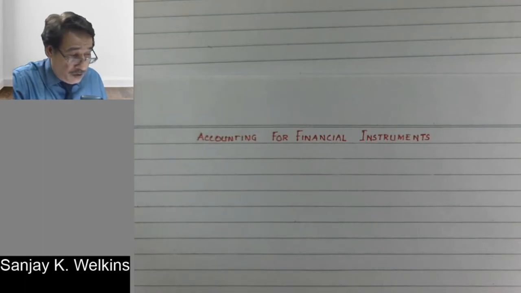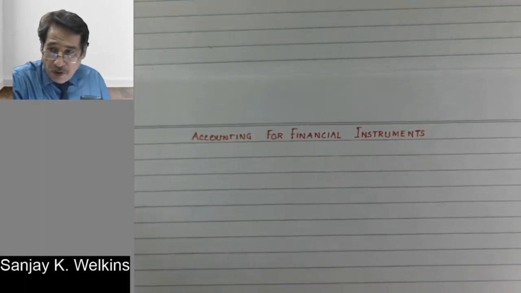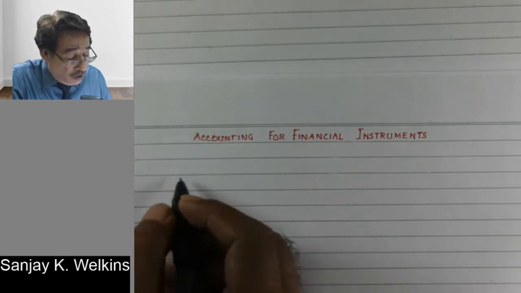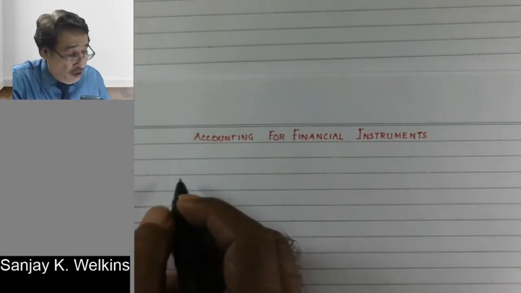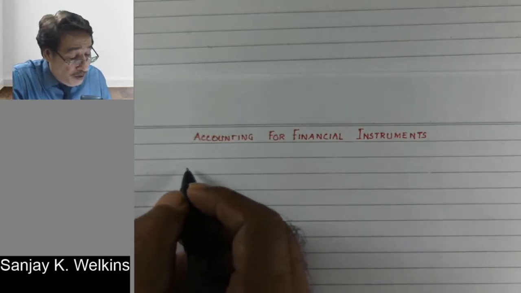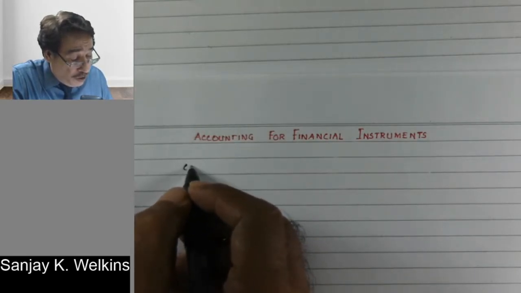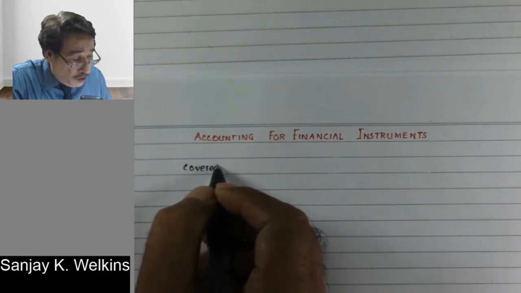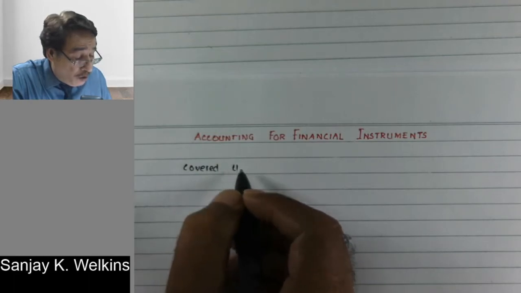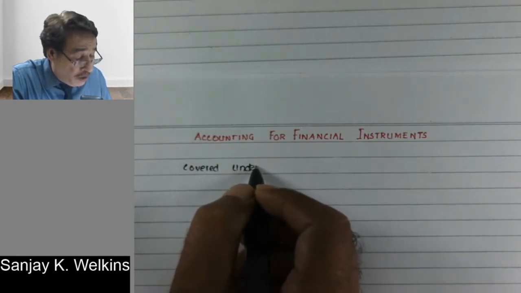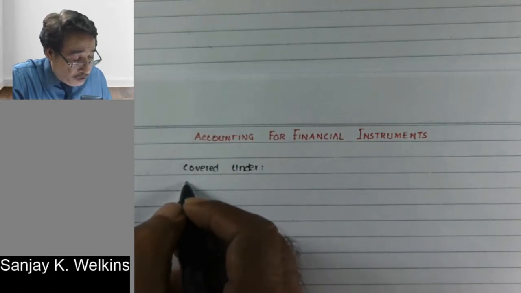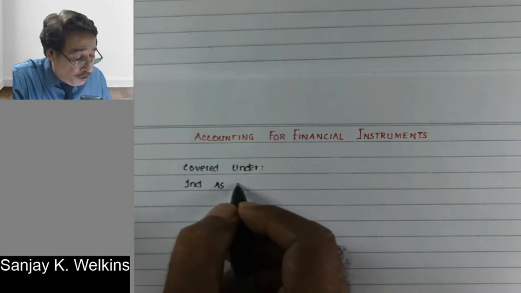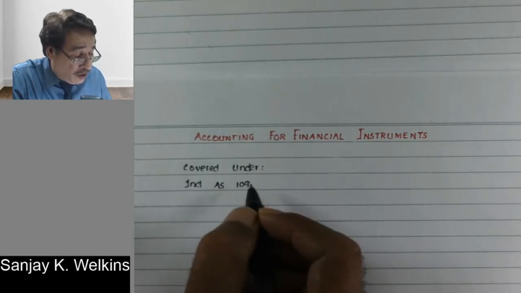Just a moment ago, I told you there are three standards which are simultaneously dealing with this chapter. So we may say that accounting for financial instruments is covered, you write along with me, under Ind AS 109.